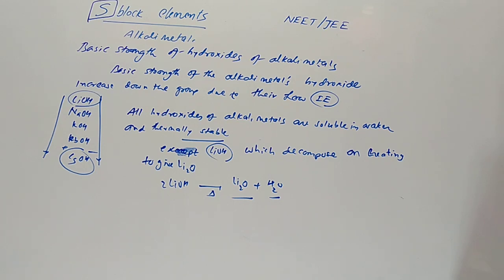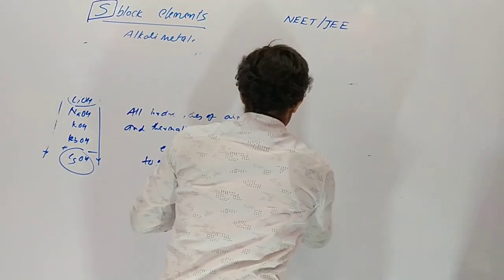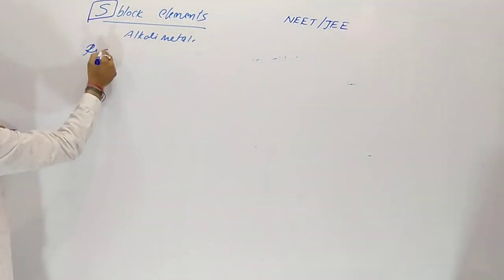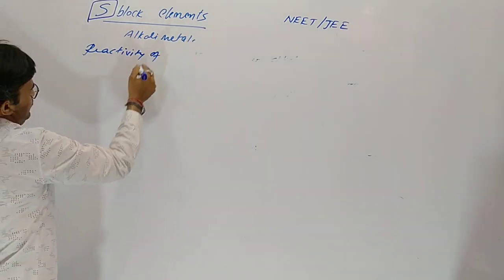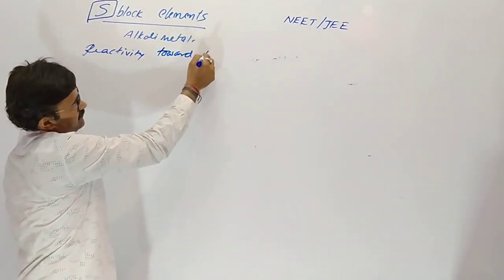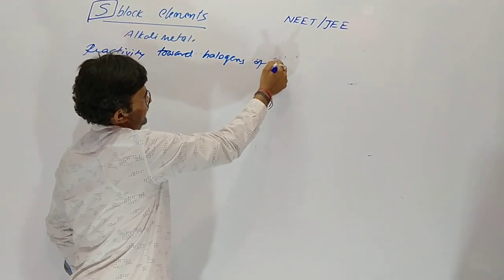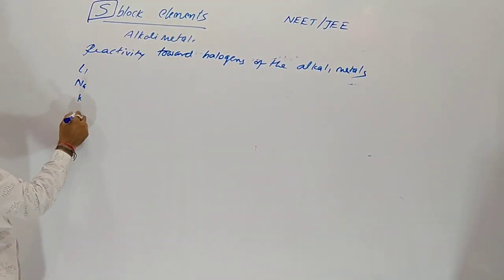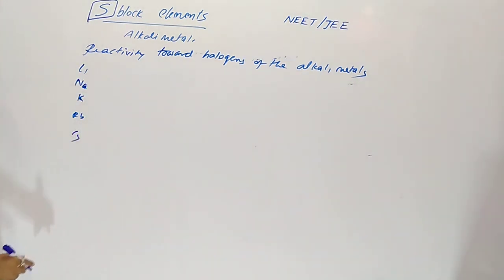Now, reactivity of the alkali metals toward halogens, from lithium to sodium, potassium, rubidium and cesium.